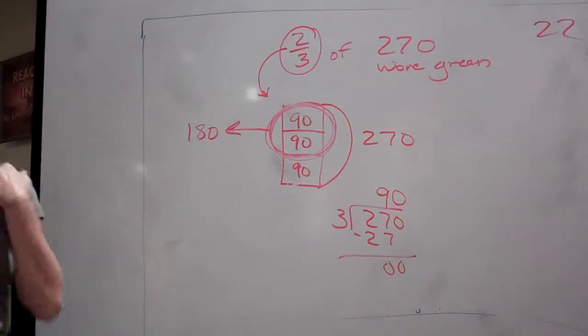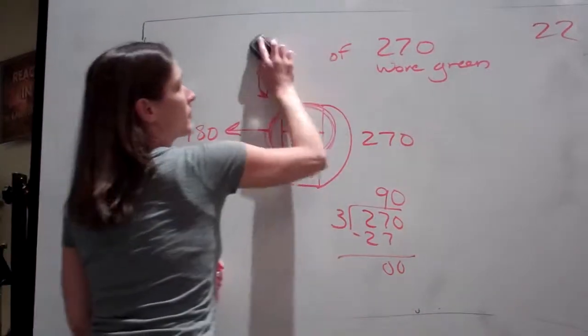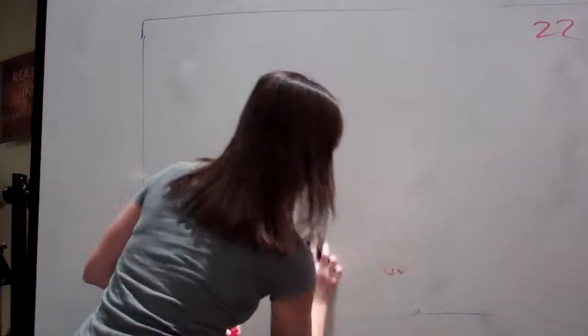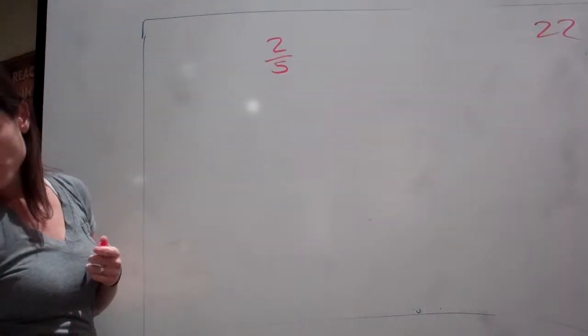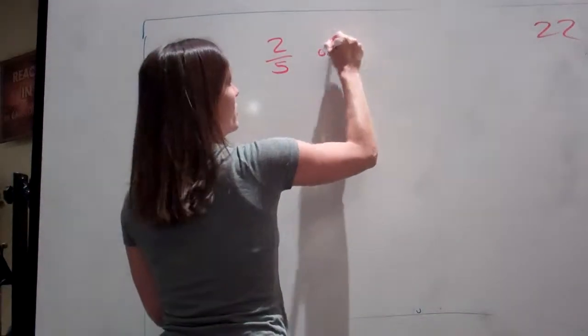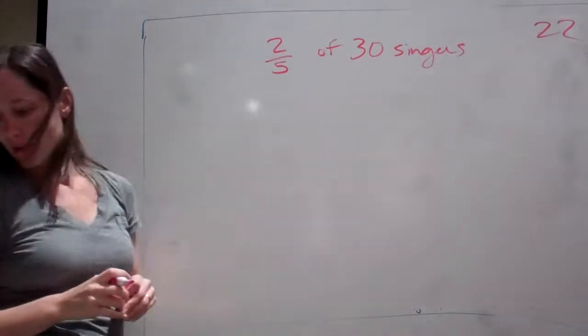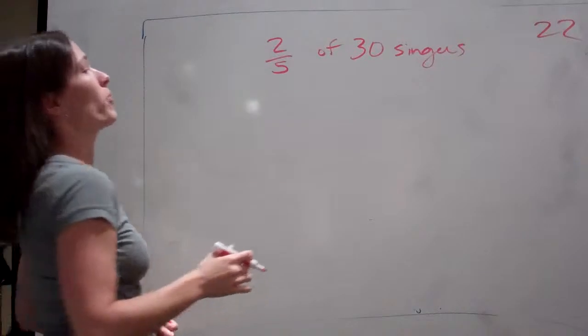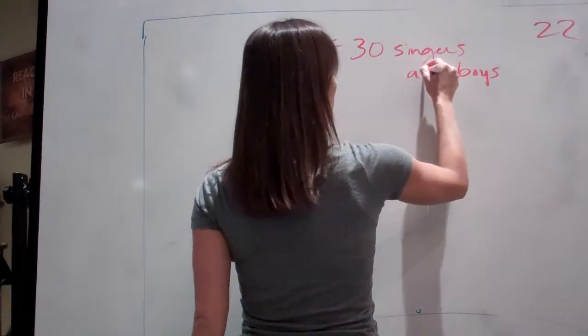Okay? Let's try this one. 2/5 of the singers, 2/5 of 30 singers in the choir are boys. 2/5 of the 30 singers are boys.